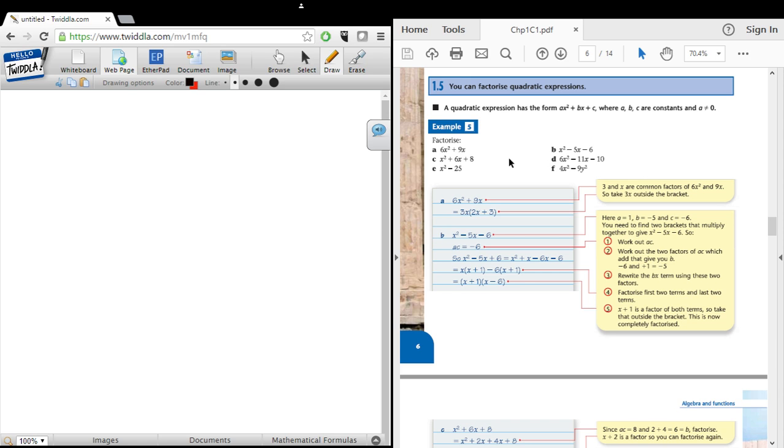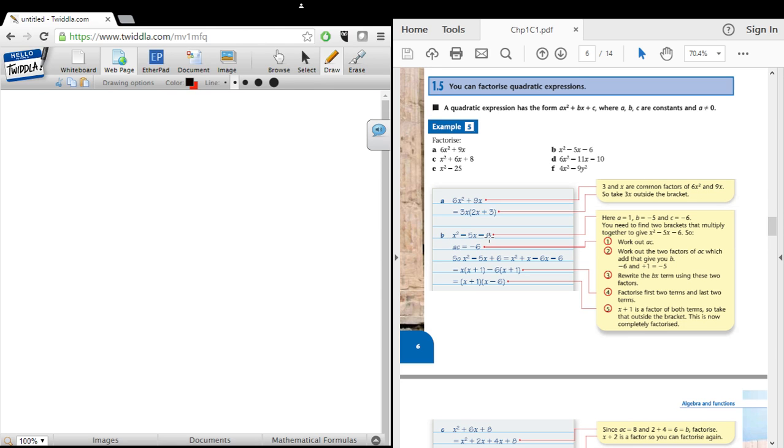So let's look at question B in this example, x squared minus 5x minus 6. We'll just briefly run through it. Again, we can identify from the general form here that A is equal to 1, B is equal to minus 5, and C is equal to minus 6.